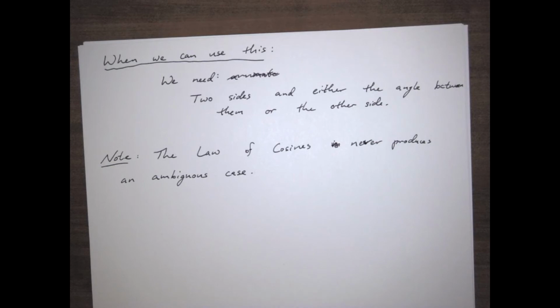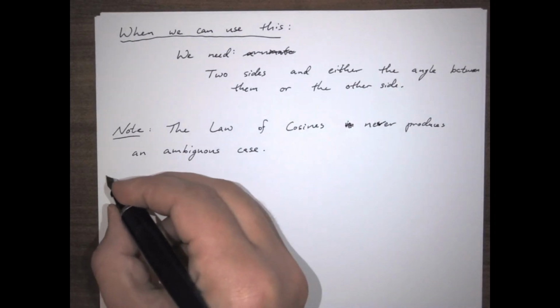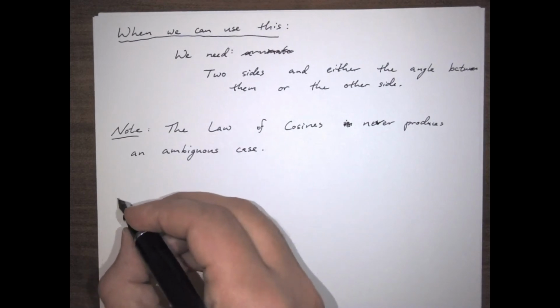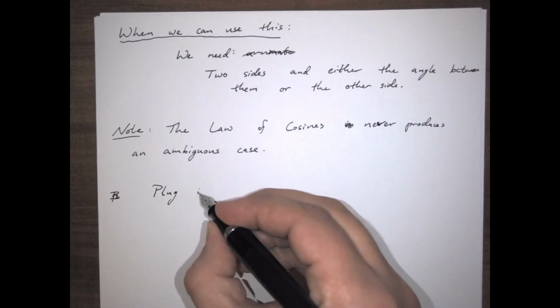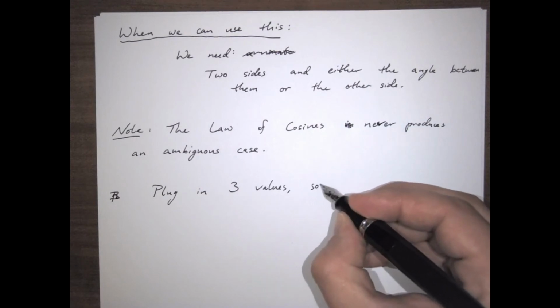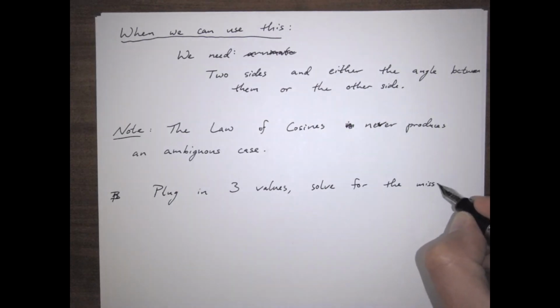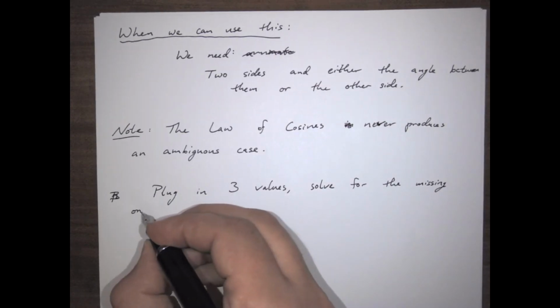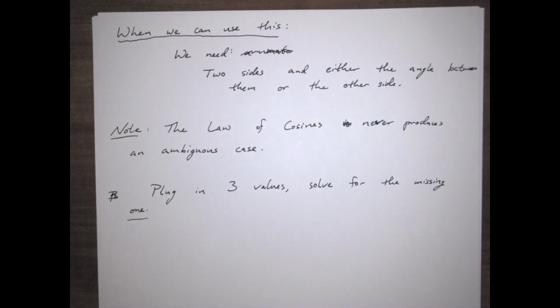And so it never will be the case that the inverse cosine will fail to tell us the angle. All right, so to use this, you just got to figure out when you can, and then you just plug in 3 values. Solve for the missing one. That's the way to do a law of cosines, and let's see what an example of this might look like.